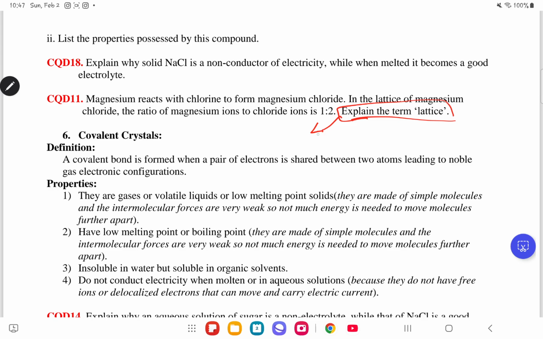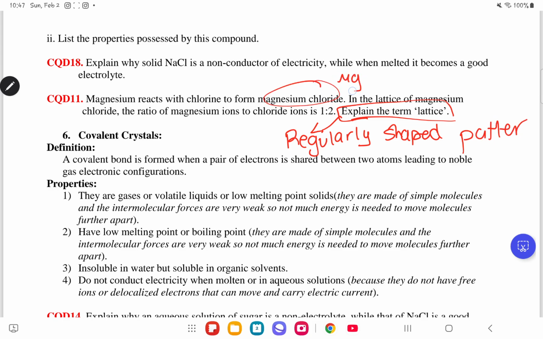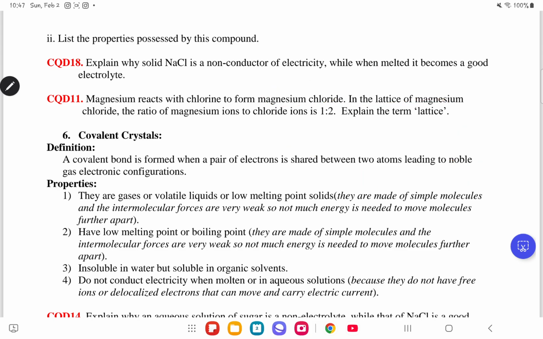Very simply, the word lattice means a regularly shaped pattern, but here since we're talking about magnesium chloride, it's MgCl2, so we are talking about an ionic crystal, so it's a regularly shaped pattern of ions, which in this case is gonna be Mg2 plus and Cl minus.